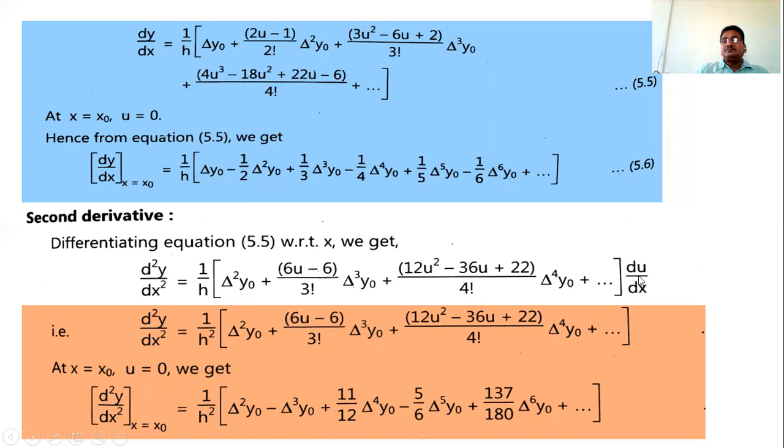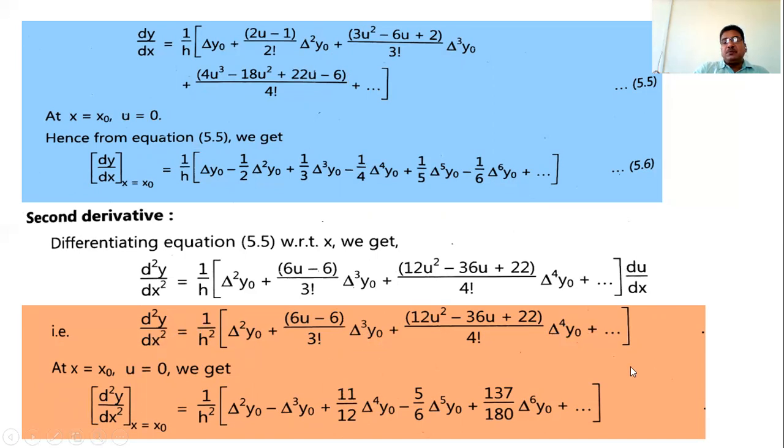The value of du by dx is 1 by h. So we have this term, the derivative of this quantity with respect to u, into du by dx. Again du by dx is 1 by h, so this 1 by h and that 1 by h become 1 by h square. So this is the general second order derivative.